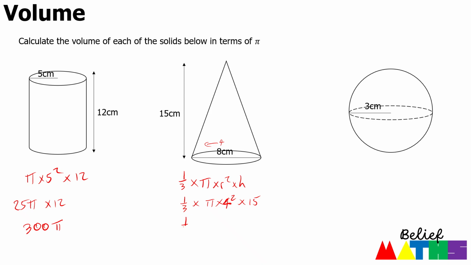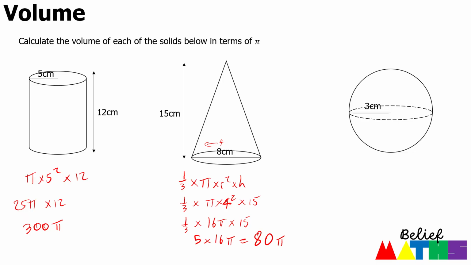So 1/3 times 4 squared is 16, so we've got 1/3 times 16 pi times 15. Now, because of the commutative property, we can multiply these in any order we want. So I'm actually going to find 1/3 of the 15 instead and go 5 times 16 pi, which is easier for me to do, and that gives me 80 pi.